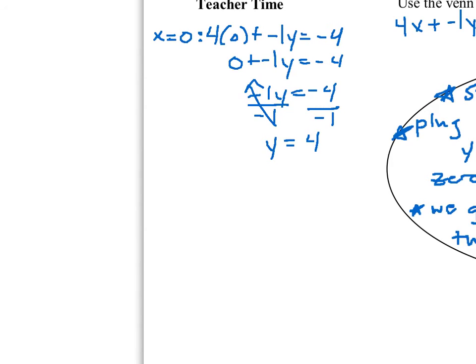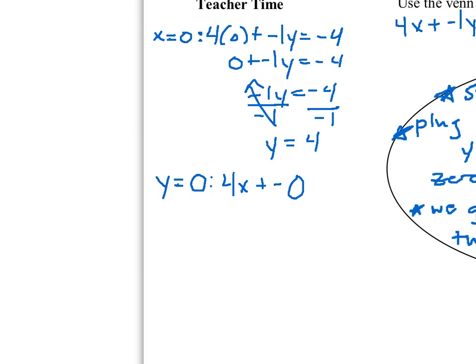So y equals 0, that's our second point. That's 4 times x plus -0.